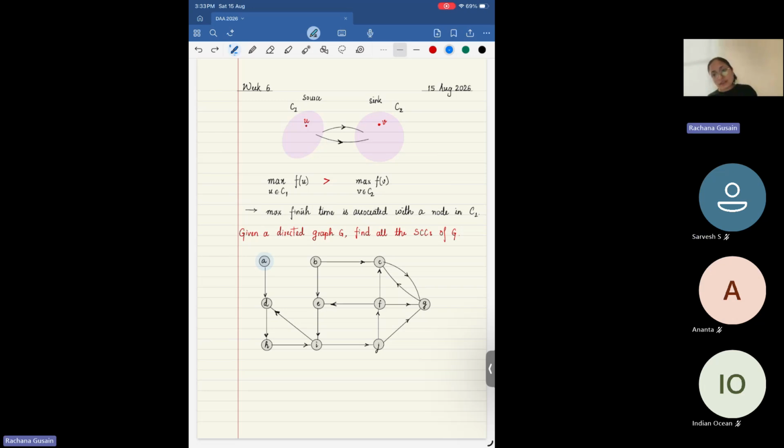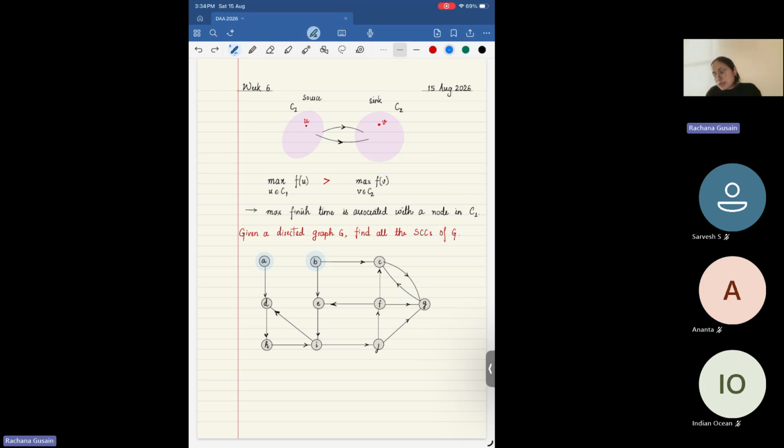Yes, because there are no incoming edges to B. There are only outgoing edges from B. So I can go to C, I can go to E, but since there is no incoming edge to B, I cannot come back to B. So B alone is a strongly connected component.